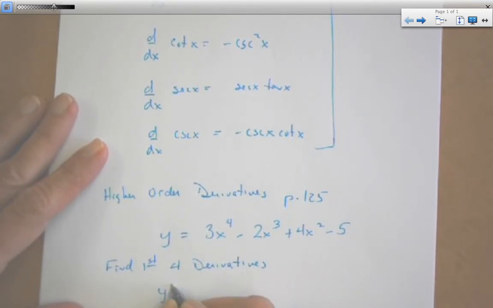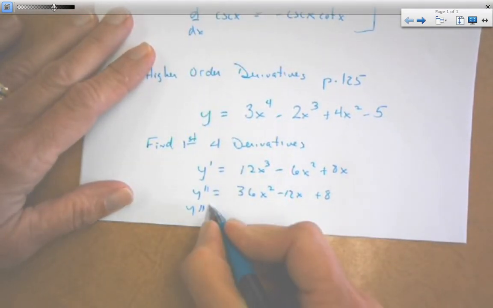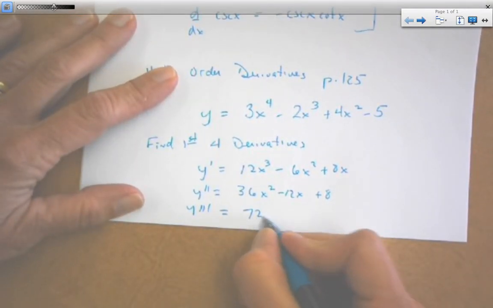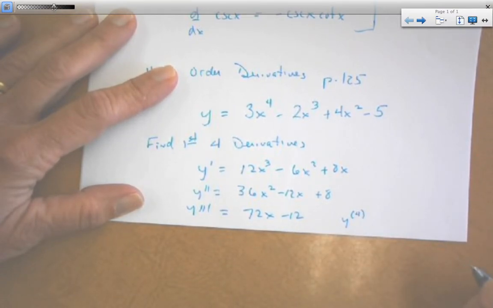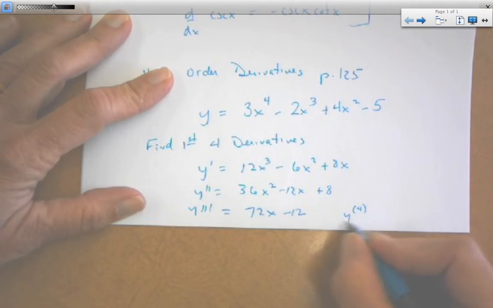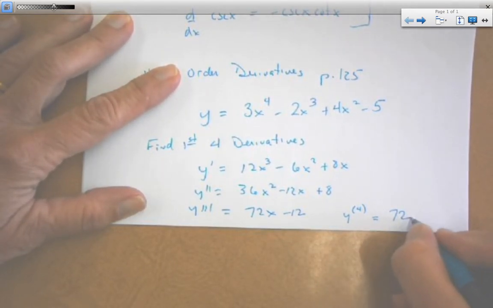All right, so the first derivative is 12x cubed minus 6x squared plus 8x. The second derivative is 36x squared minus 12x plus 8. The third derivative is 72x minus 12. And the fourth derivative, you can put four little marks up there or just put a superscript of 4, would be 72.